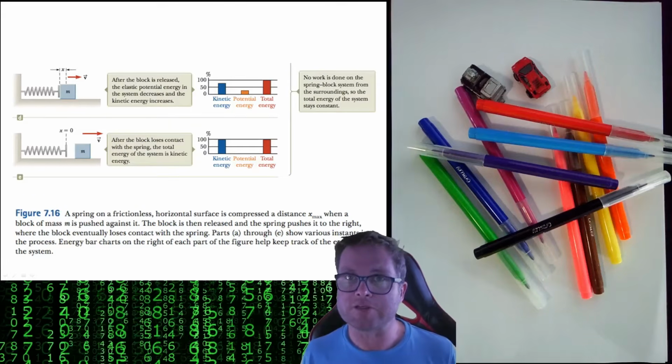And also we're interested in looking at it from an energy point of view. We're interested in what's happening to the kinetic energy of the block as it's moving, and also to the elastic potential energy stored in the spring. And at the same time we're interested in the total energy of the whole system.